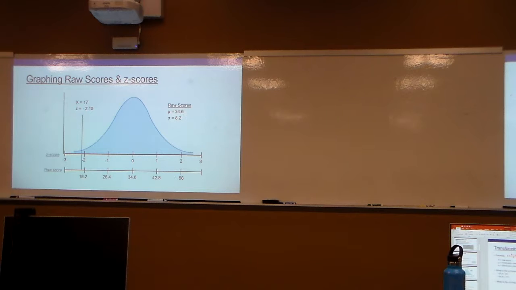My distribution has a mean of 34.6, standard deviation of 8.2. Here's my score of 17, which corresponds to a z-value of negative 2.15. Hanging out down here, we're just starting to get towards the tail of this distribution. People have done this before, so you're familiar with how to go through, set these problems up, and things along those lines. Questions on this?